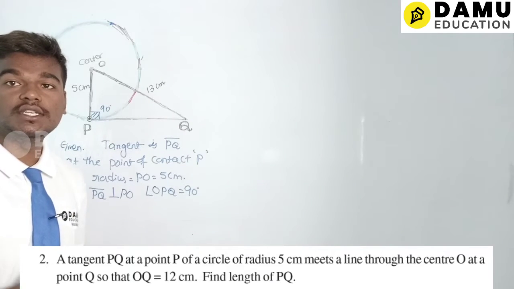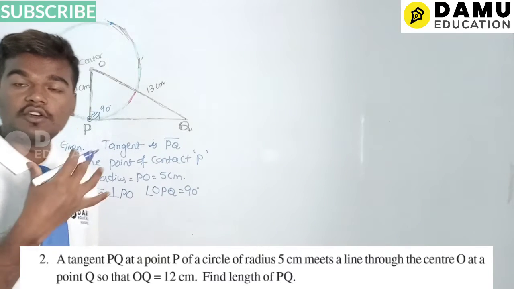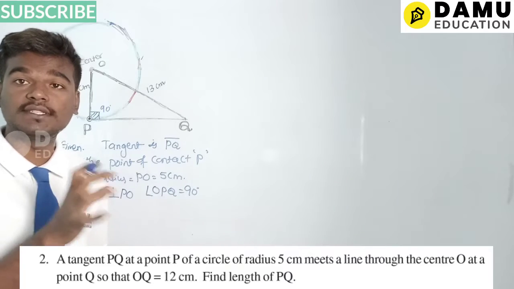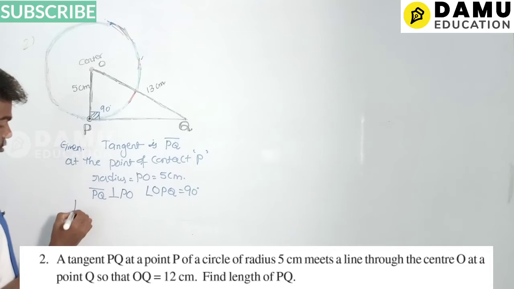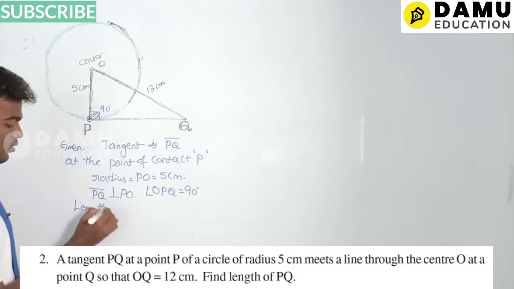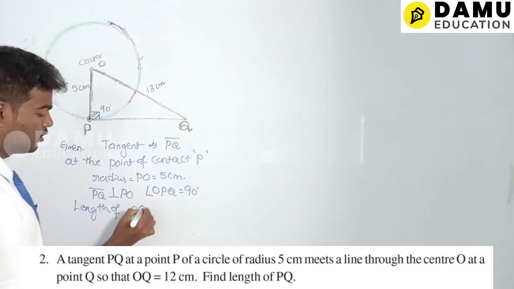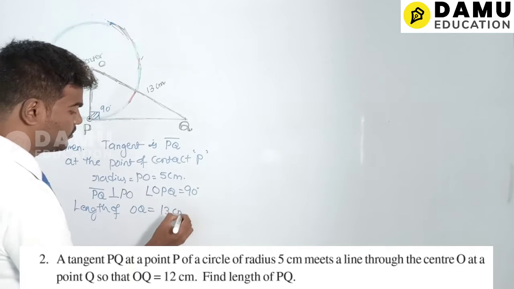So this is the condition we have. By using this condition, we are going to calculate the length of the tangent. The length of OQ will be equal to 13 centimeter.